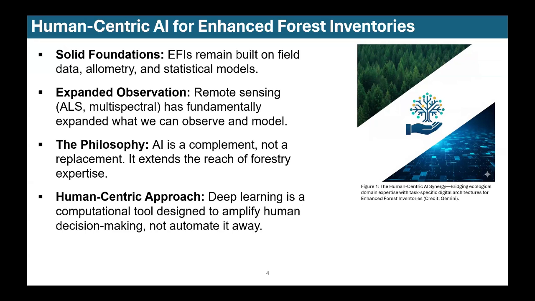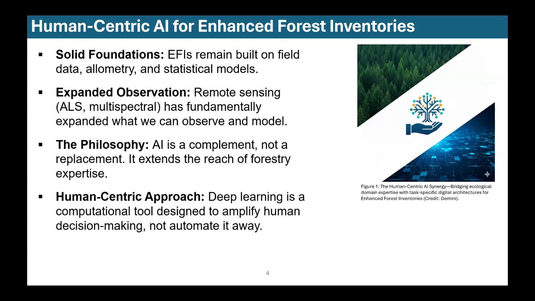However, the data landscape has shifted, and with the richness of airborne laser scanning and multispectral imagery, we can now observe forest structure at a level of detail that simply was not possible before. In this setting, artificial intelligence, especially deep learning, should not be viewed as a replacement of forestry expertise. Instead, think of it as human-centric tools that extend our reach.